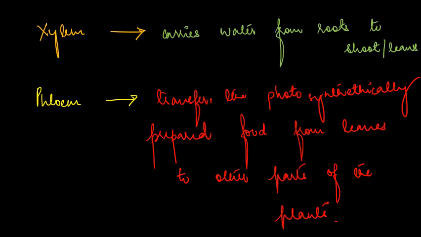Similarly, the green leaves prepare food which is then transferred to other parts of the plant through phloem, right? So this is basically how the food and water are carried from one part to another. The entire mechanism we are going to see in the next class, right?